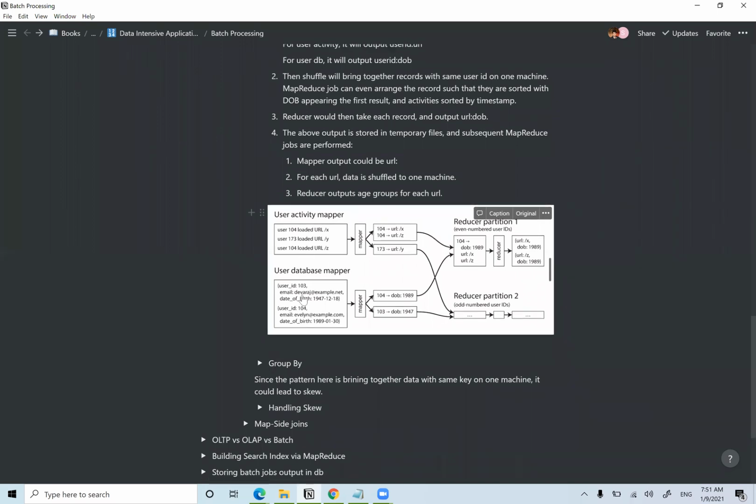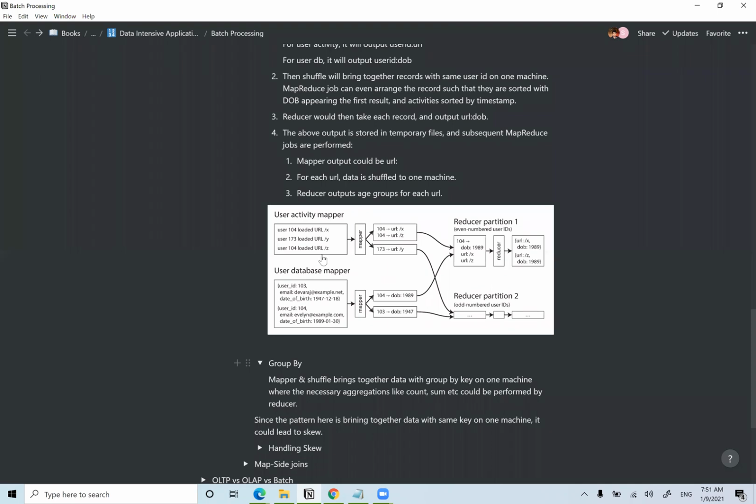Basically, in terms of SQL, you had two tables and you wanted to join them. The other thing that we use in SQL kind of databases is group by. Let's say we have some data where we are storing, for each user, how many times he has viewed a page.